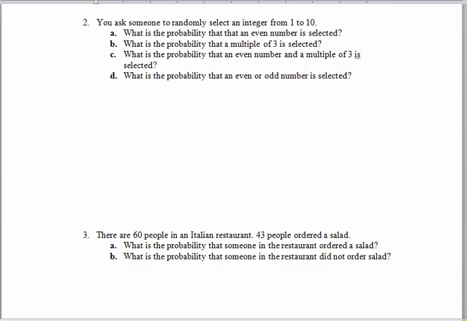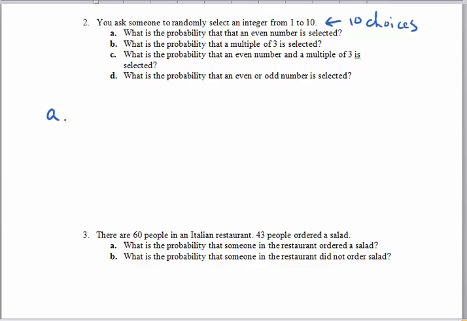Alright, now 2, you ask someone to randomly select an integer from 1 to 10. So there's 10 choices there. What is the probability that an even number is selected? The first thing to note here is there's 10 choices, so there's 10 outcomes.